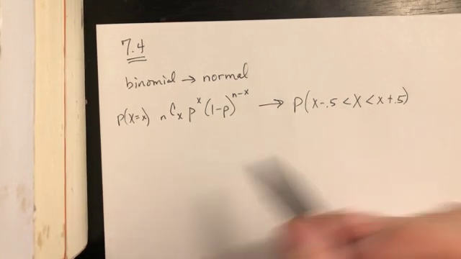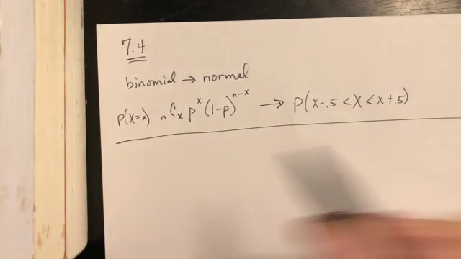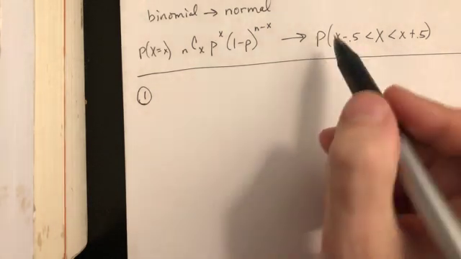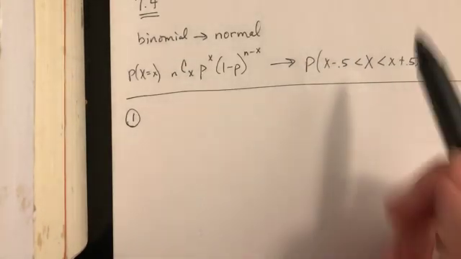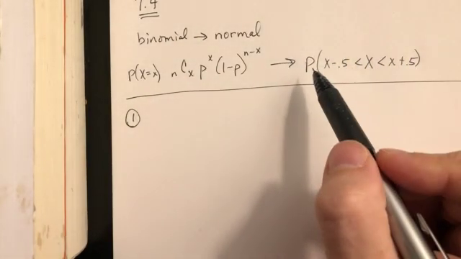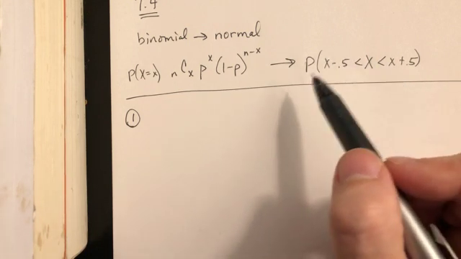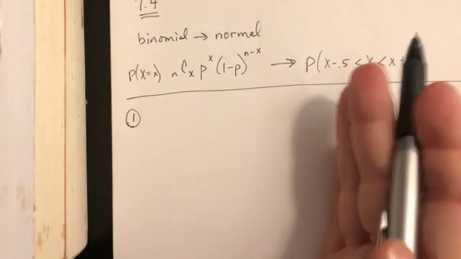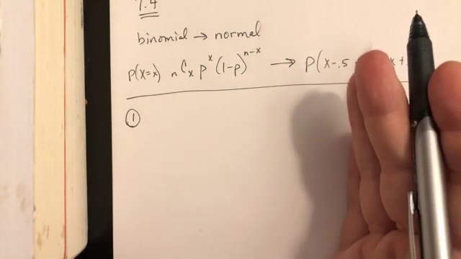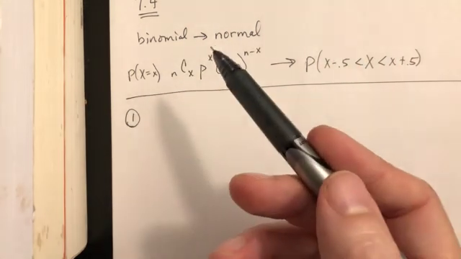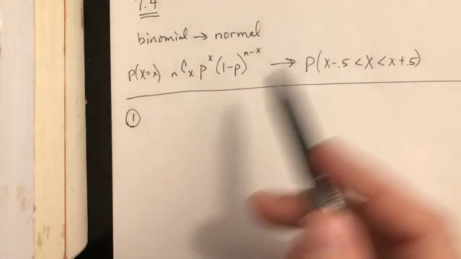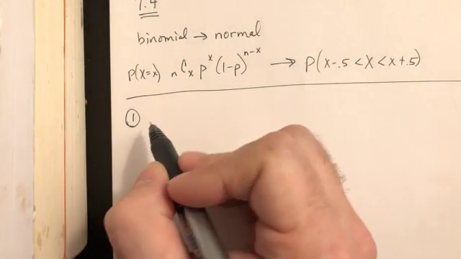But what I'll show you in these examples that might help is that in order to approximate, we have to think about the fact that we're adding 0.5 or subtracting 0.5 from the number they're giving us because we want to look at a continuous variable versus binomial, which looks at a discrete variable. So a discrete variable goes into whole numbers and continuous variables have decimals.